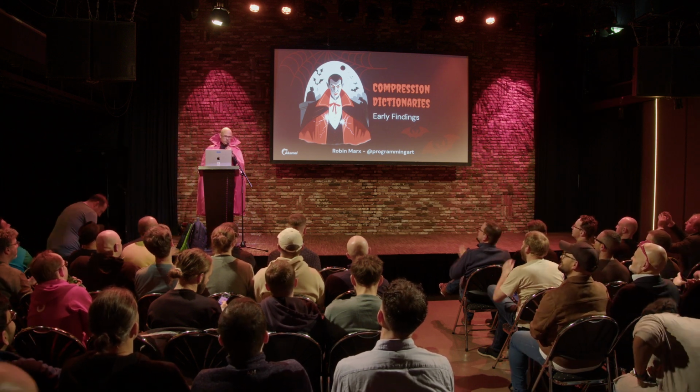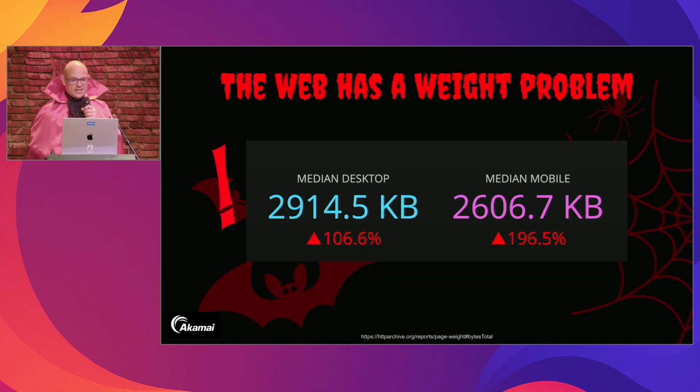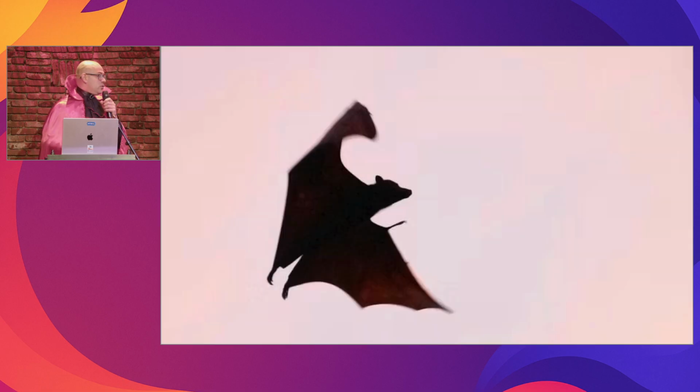Greetings, mortals. My name is Vlad Dracula, and I am here today because the web has a weight problem. In the past 10 years, mobile pages have nearly doubled in size. Now, of course, we vampires figured out how to deal with size issues centuries ago. When confronted with them, we simply transform into a bat, and so we can fit into even the tiniest of holes.